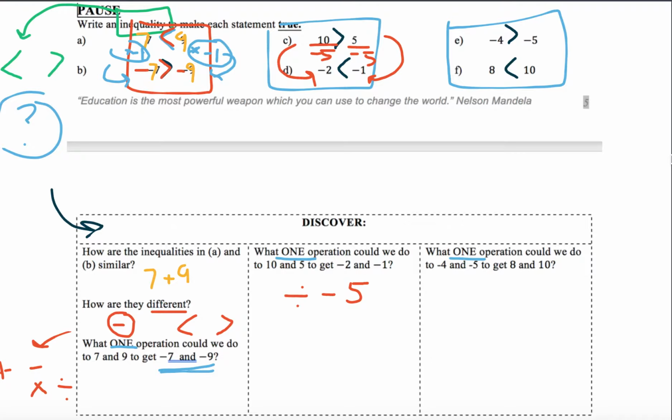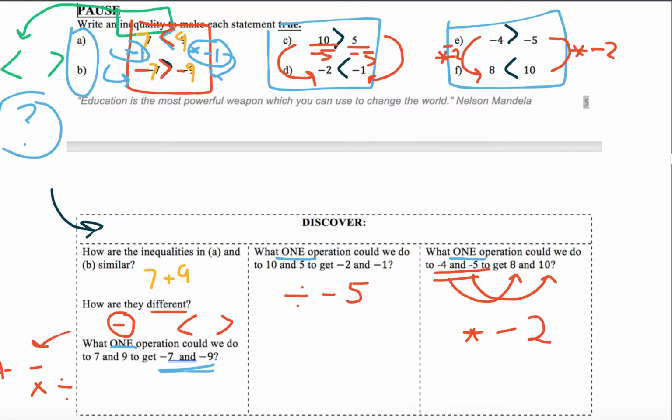In E and F, what we could have done is multiply by negative 2 on both sides to get negative 4 to become positive 8, and negative 5 to become positive 10. You may have also noticed that in each of these, A and B, C and D, E and F, something happened to the inequality sign.